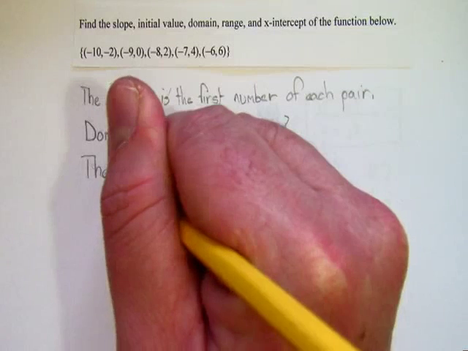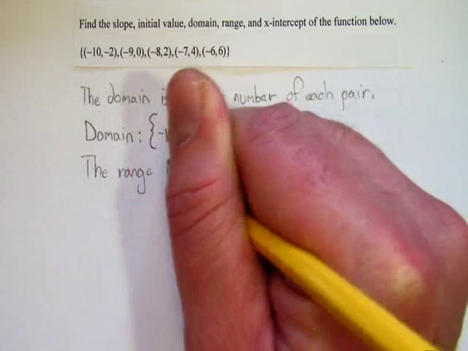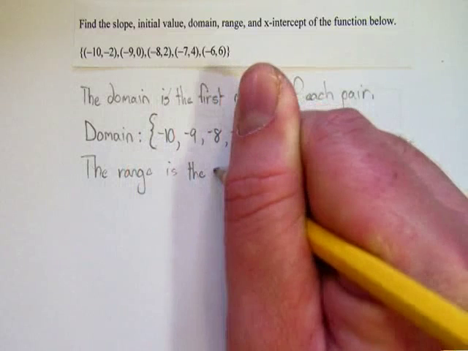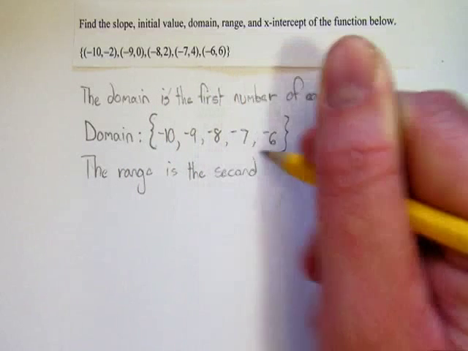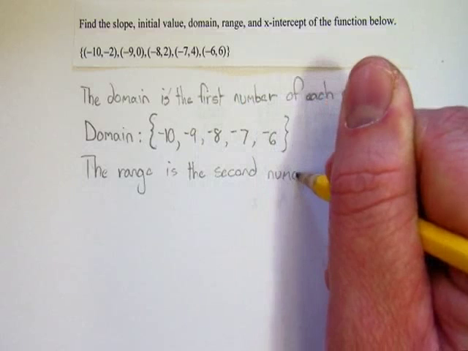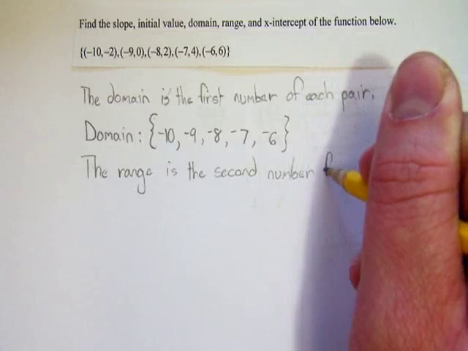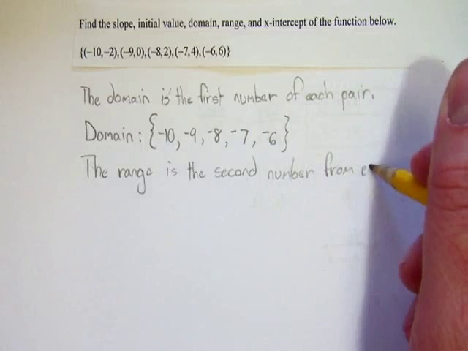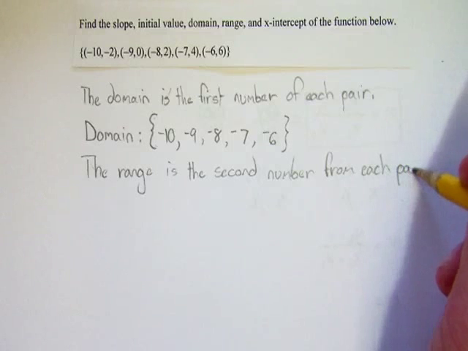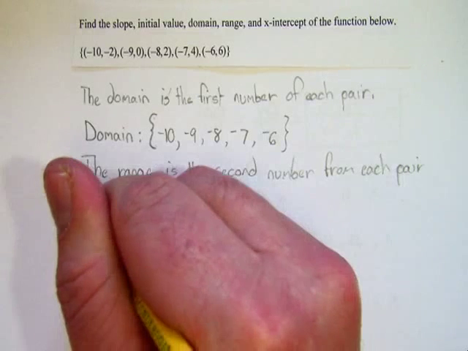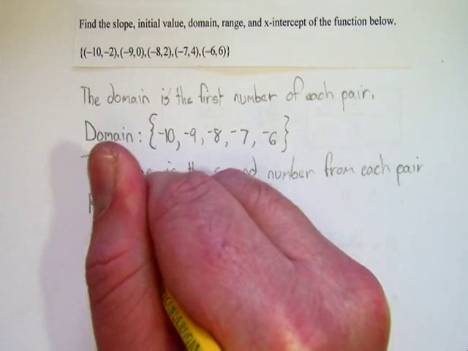If we're looking for the range, it is the second number from each pair. So the second number from each pair is what we're looking for here. And so we would write it just as we would write our domain.